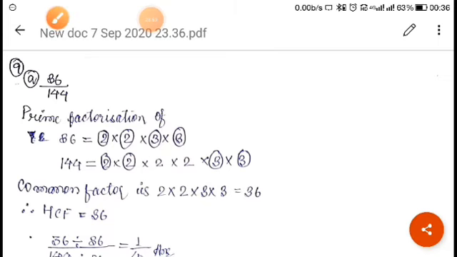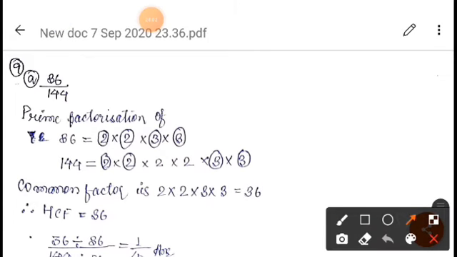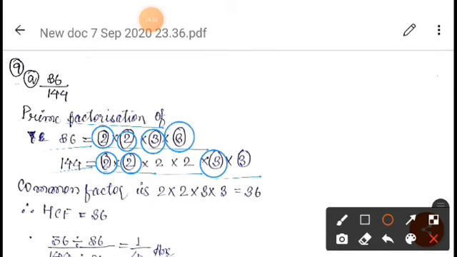Again we will do the same thing, we have to find the prime factorization of 36 and 144. For 36 it will be 2 into 2, 3 into 3, and for 144 it will be 2 into 2, 2 into 2, 3 into 3. So what is common here? As you can see, this one and this one is common, this one and this one is common, this one and this one is common, and this one and this one is common.